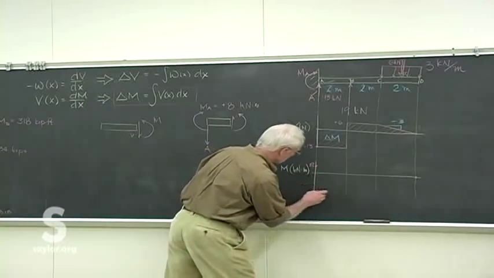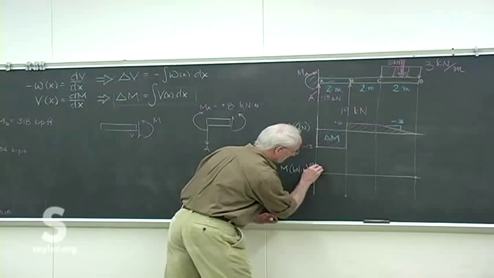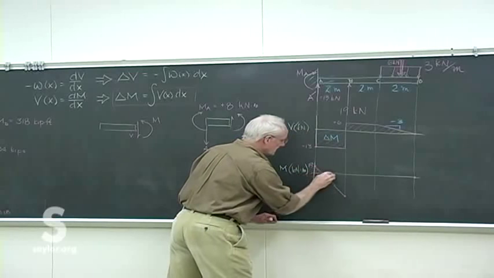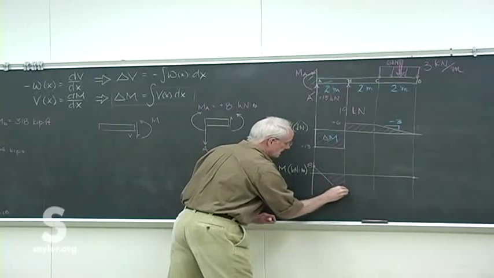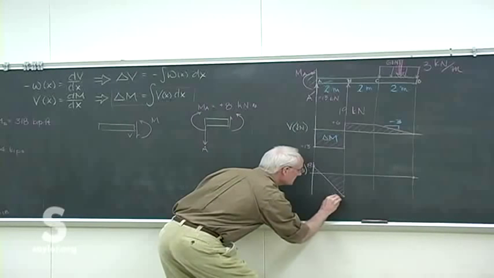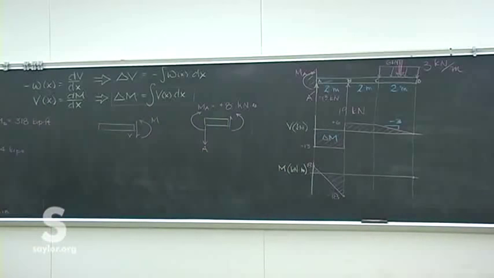So that's +8, and we know that it's a straight line down to -18, because that's what the delta M was. You don't have to actually figure out the slope, you don't actually have to graph the line. You know it's going to do that.